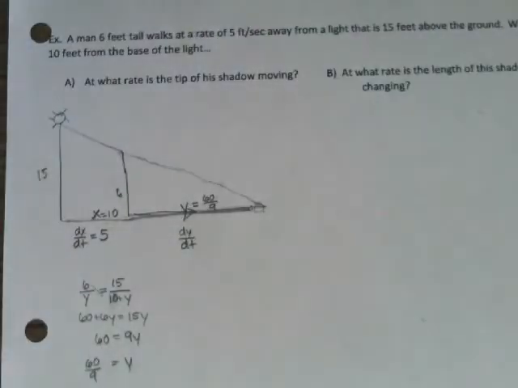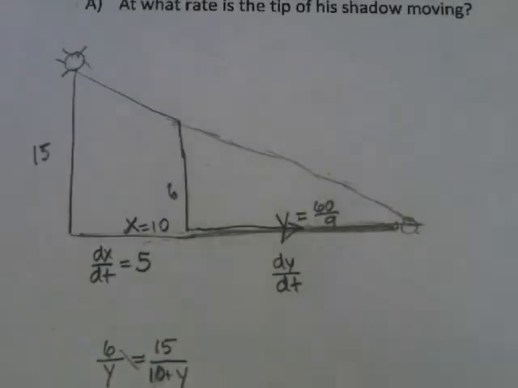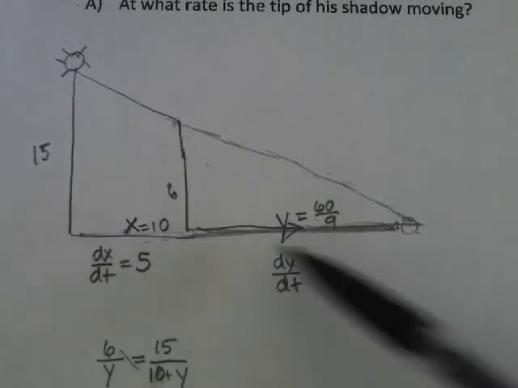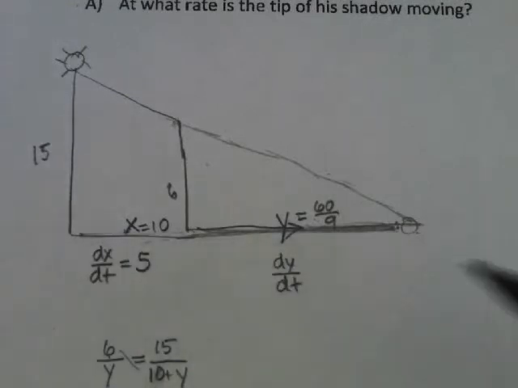Now, x and y are not constants, right? They're both changing. The guy's walking away, so this is obviously growing. And as you walk away from a light source, what happens to your shadow? It gets larger. Let me ask you this.